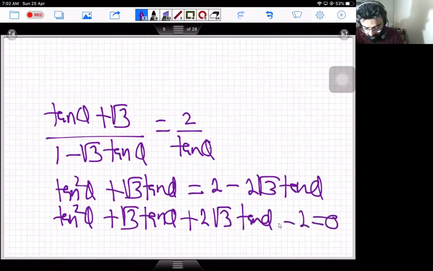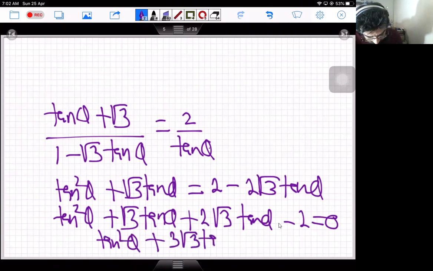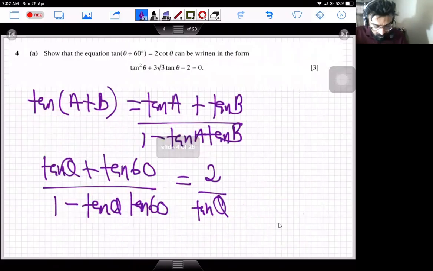Therefore, root 3 plus 2 root 3 is 3 root 3. Therefore, tan square theta plus 3 root 3 times tan theta minus 2 is equal to 0. And here you solve, and you have just proved this part A.